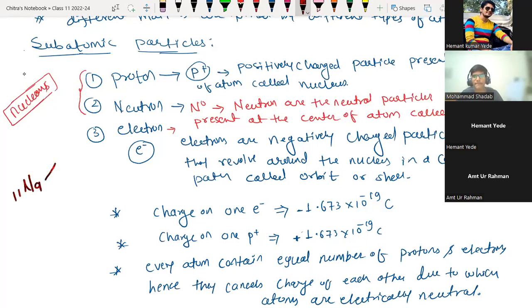That means sodium has 11 protons and 11 electrons. 11 protons means 11 positive charges, and 11 electrons means 11 negative charges. The numbers are the same, only the signs are different, so they will cancel each other. So the total resultant charge will be 0. That is why atoms are electrically neutral.